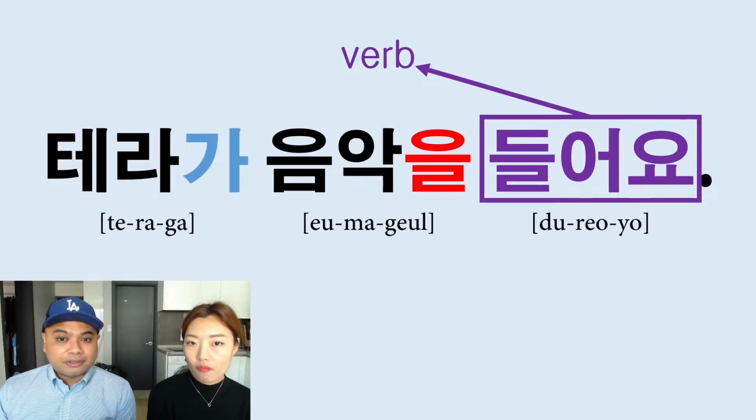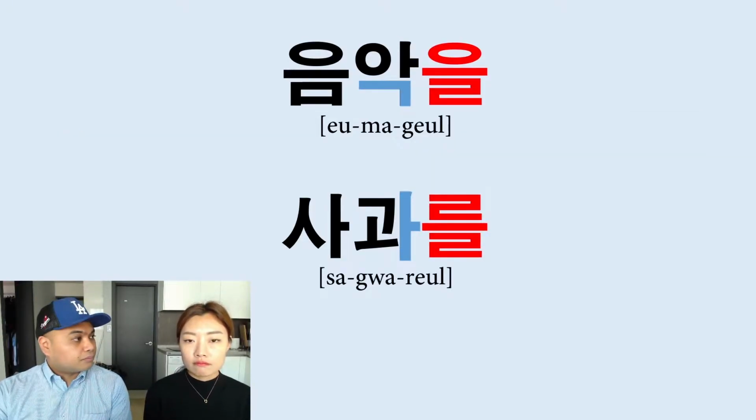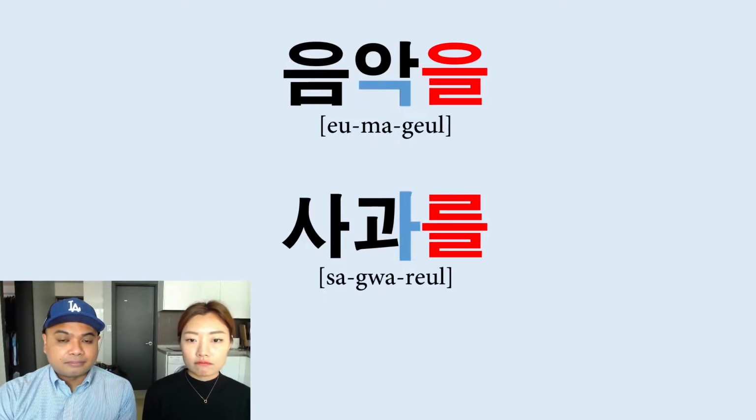And now you're probably asking, remember there are two, 을 and 를. So when do we use either one? Here we have our two examples. Umak means music. Sagwa means apple.